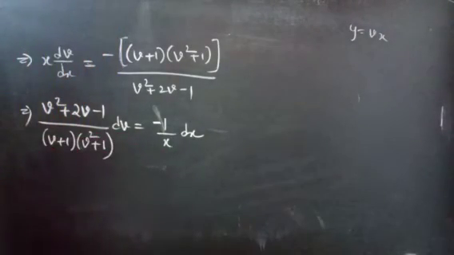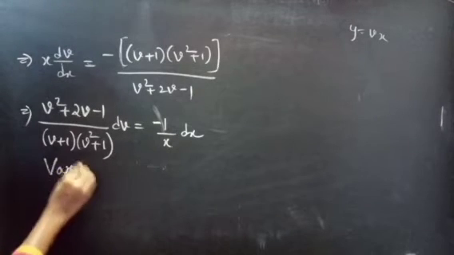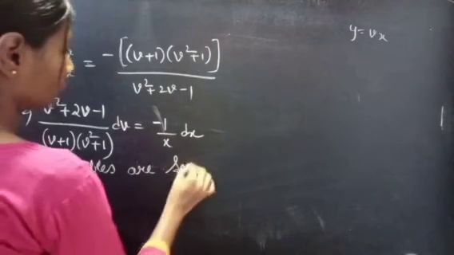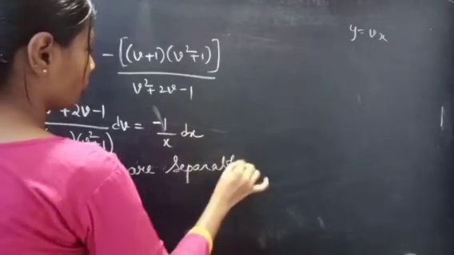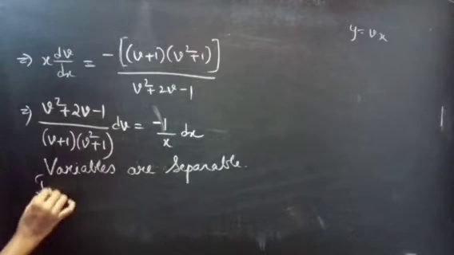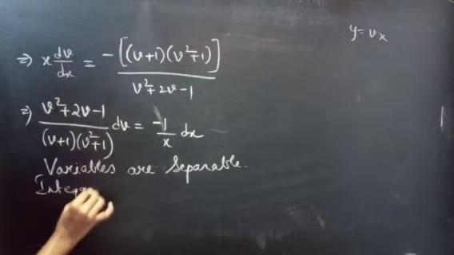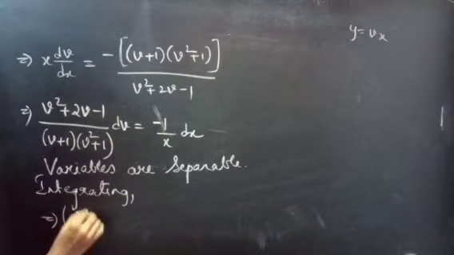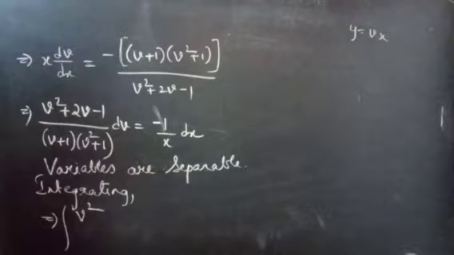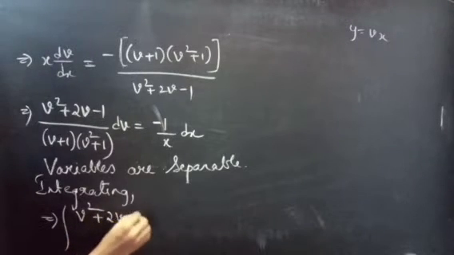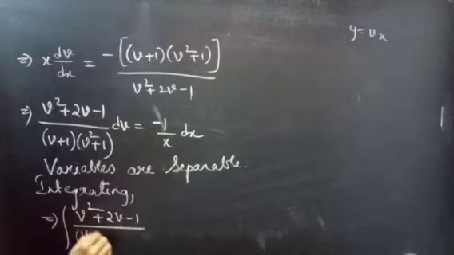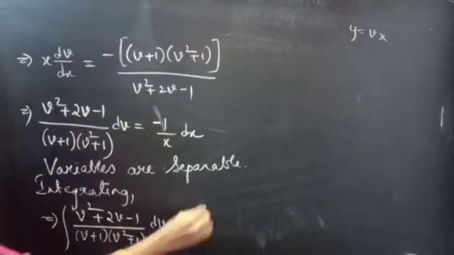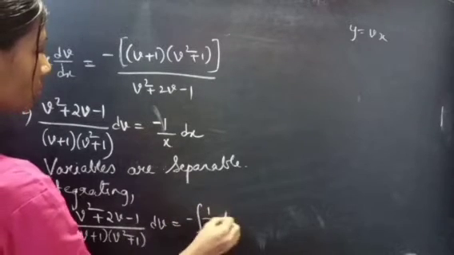So here the variables are separable. Now we can perform integration. Integral v square plus 2v minus 1 by v plus 1 into v square plus 1 into dv equals to minus integral 1 by x dx.